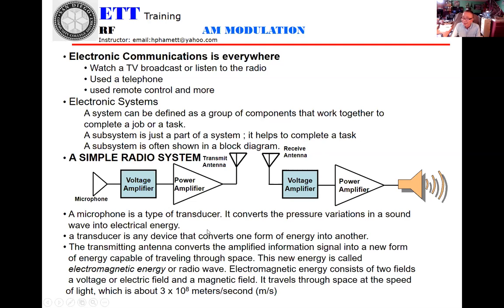That is a transmitter, and that will be the receiver. Okay, a microphone is a type of transducer. What is a transducer? It converts one form of energy into another. Right, converting one energy to the other. Okay, or we can say a sensor.